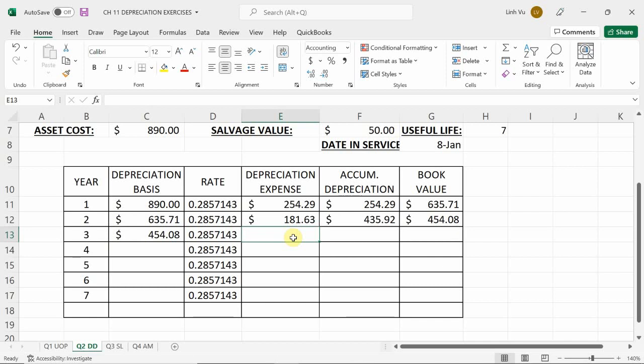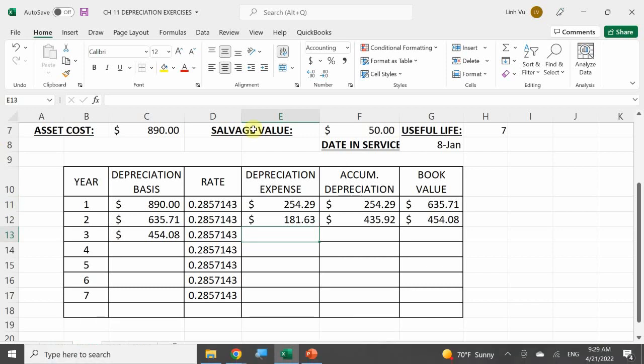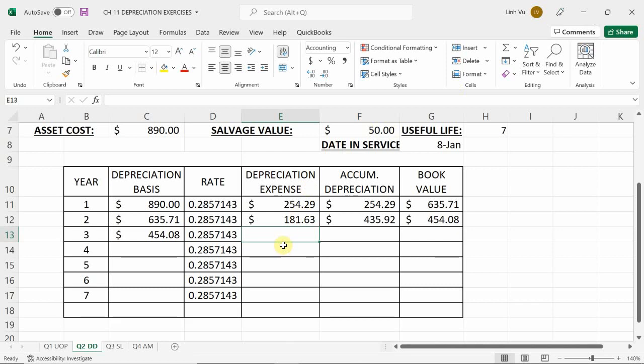By the rate is 0.2857143. Okay. 454.08 by 0.2857143.